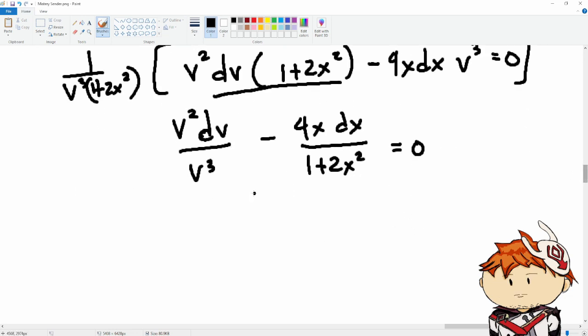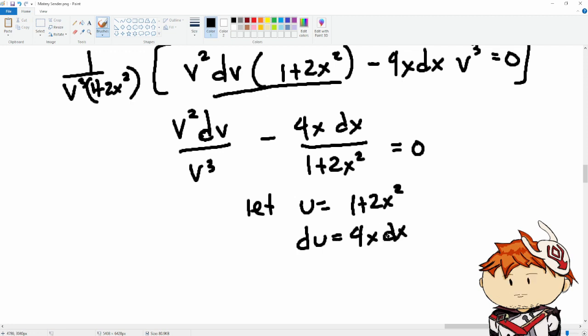Let u equal 1 plus 2x squared. du is equal to 4x dx. So cancel this one. This will become dv over v minus du over u is equal to 0.